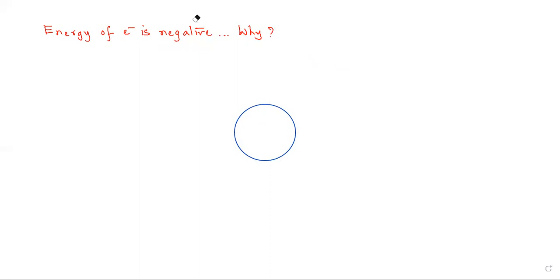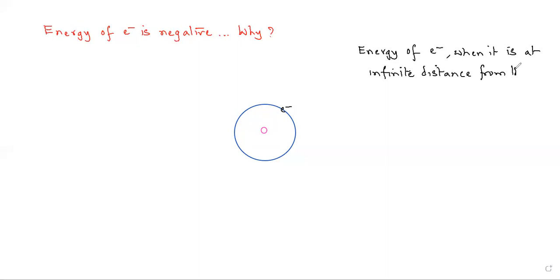So this is the nucleus. Now when the electron is at infinite distance from the nucleus, its energy is taken to be zero.